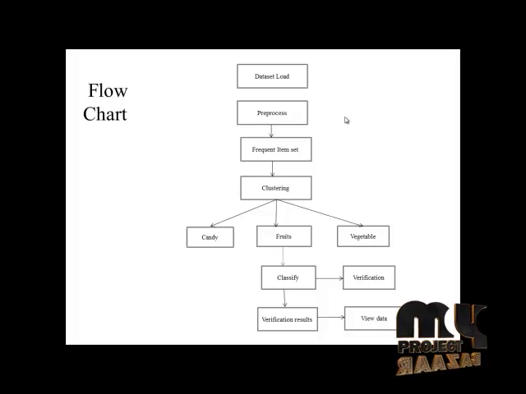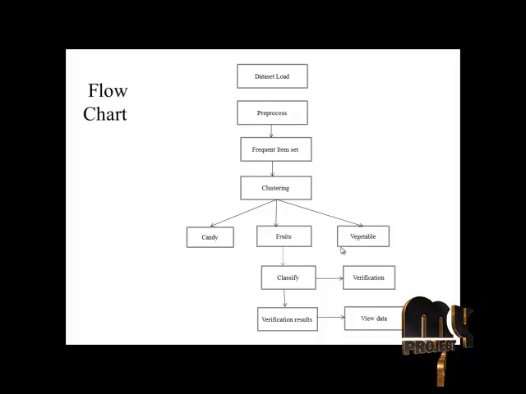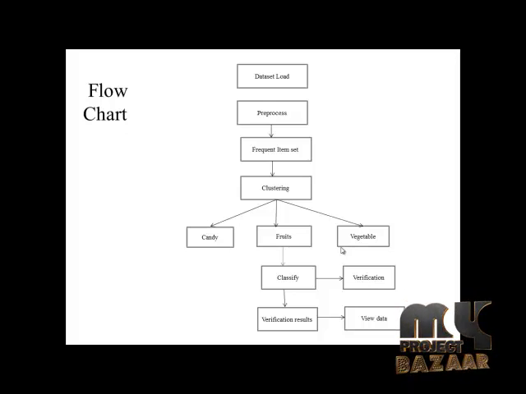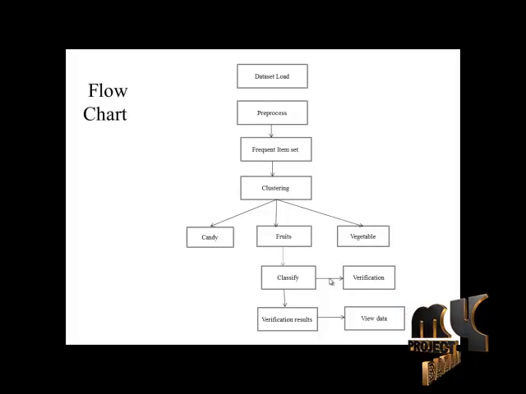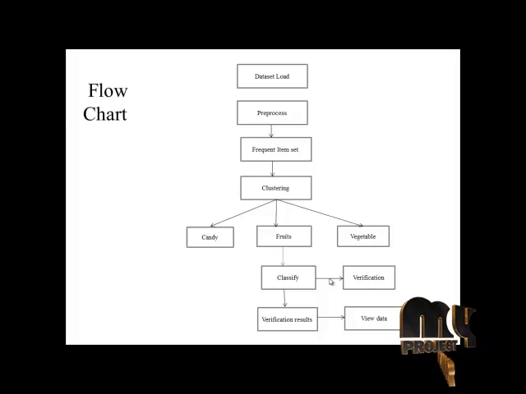So candy, fruits and vegetables are the data to be processed, and then we classify the records. These records are verified based on the user's cost, product and the sales. Finally the results are stored in the database and can be viewed by the users.